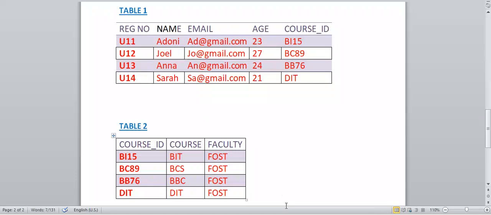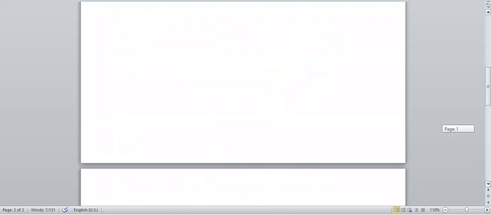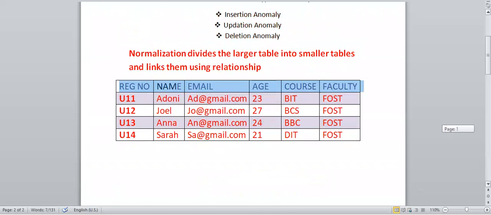I'm not explaining the 3 levels of normalization, 3 or 4, but I'm just giving you a hint on what will happen after normalizing your table at the end of the day. Therefore, we had a very big table, this table, and it had 6 columns.